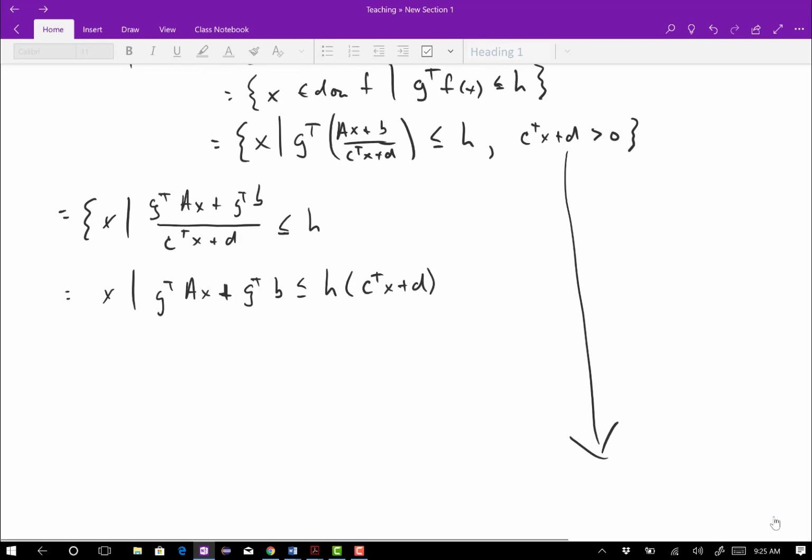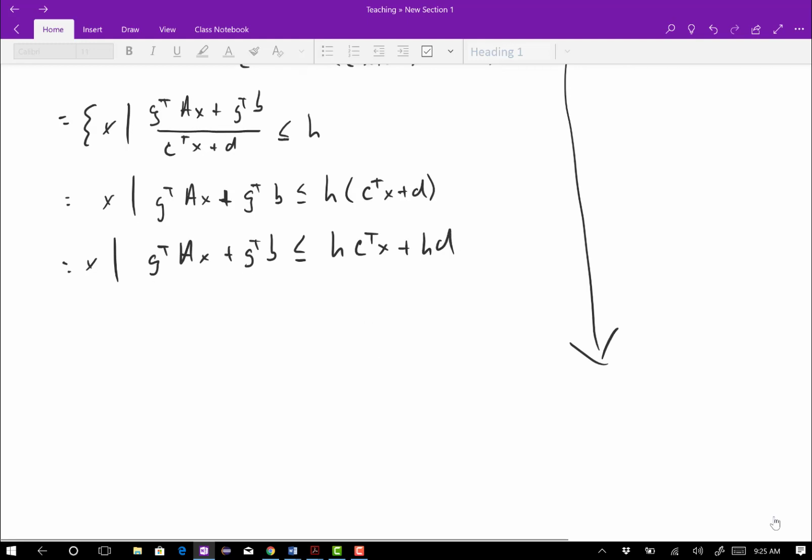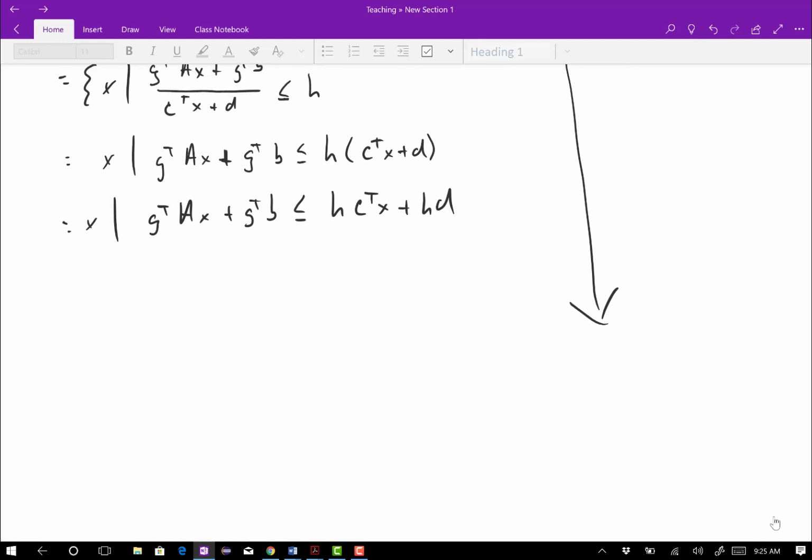And now I'll multiply through. So this is going to be G transpose ax plus G transpose b less than or equal to H C transpose x plus HD. And now I want to get all the x terms on the same side. So this is going to be x's such that G transpose ax minus H C transpose x, moving this guy over, is less than or equal to, and then I'll put all these other terms.